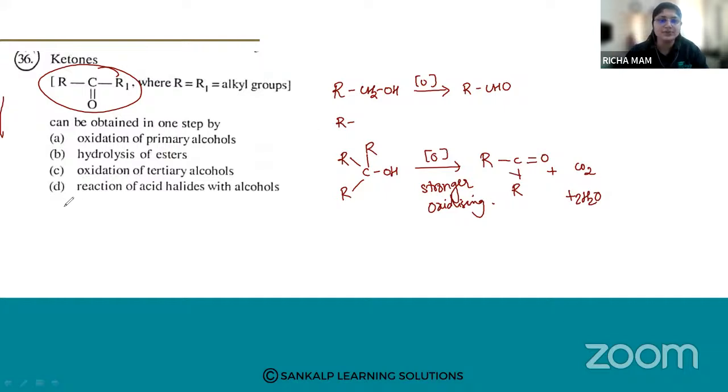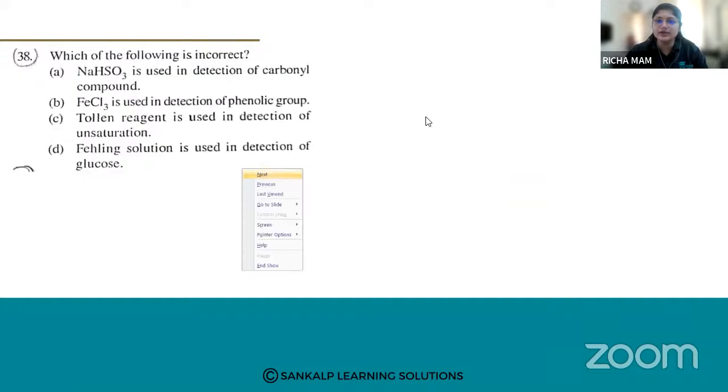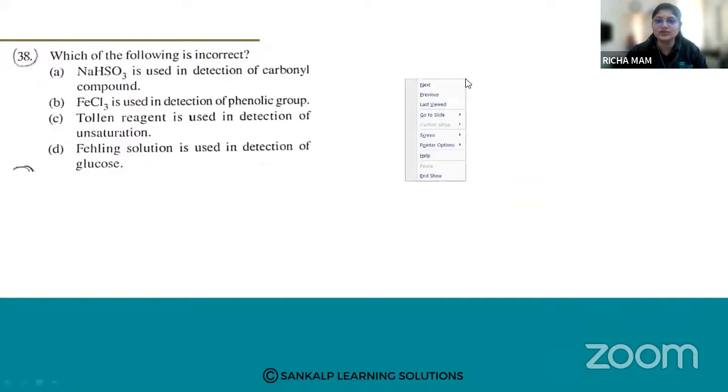So it is option number C. Oxidation of tertiary alcohol will give you a ketone, and it will eliminate carbon dioxide and a water molecule. So remember that ketones will be obtained in one step when you do oxidation of tertiary alcohols.